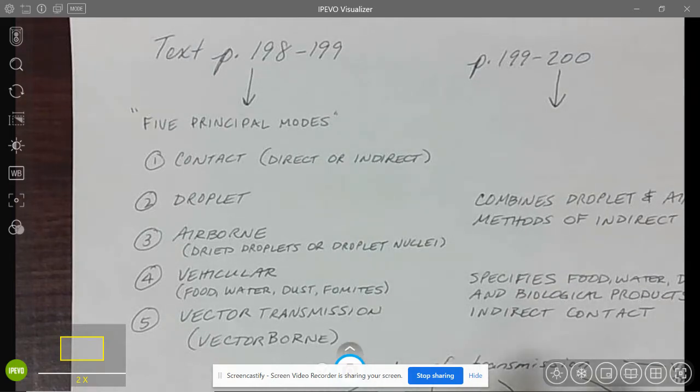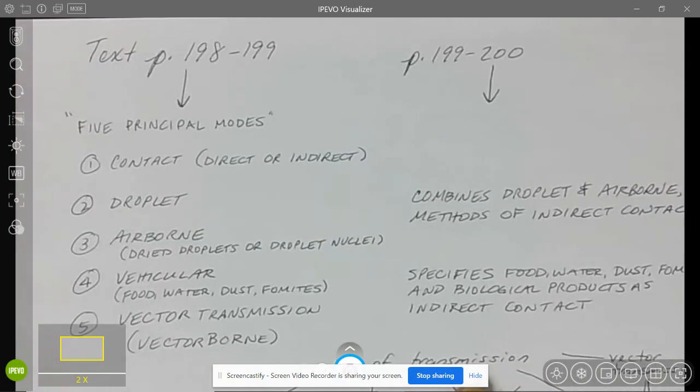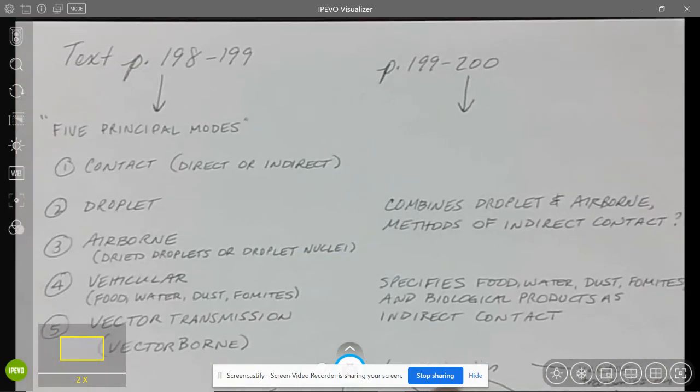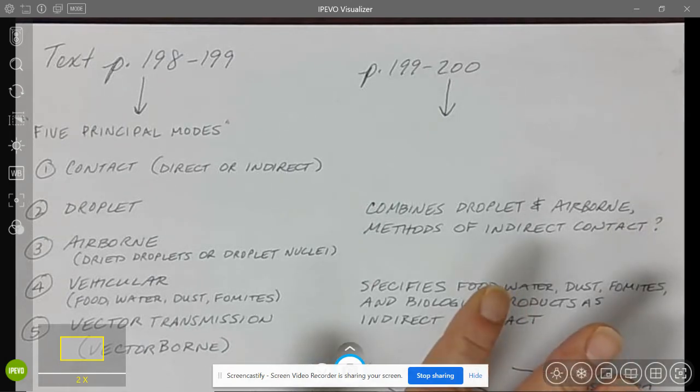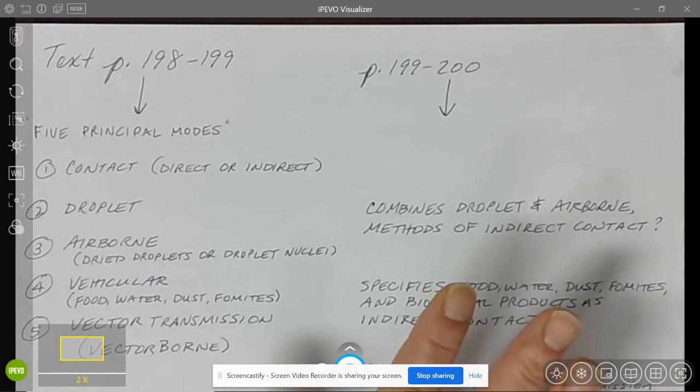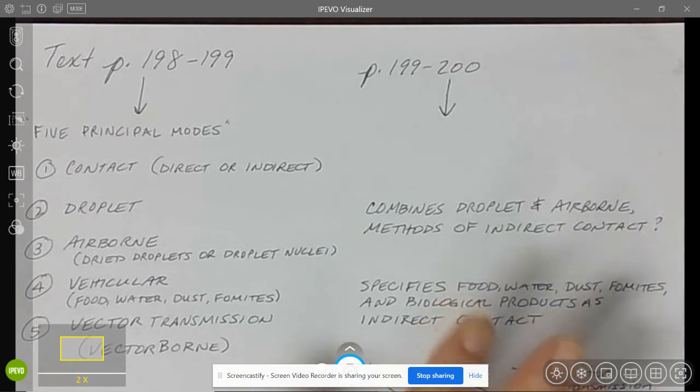Here's what is very frustrating: if you then go on to the next couple of pages, you start reading page 199 and then go into 200, it does a different organizational scheme. So in those pages, it seems to have direct contact, but then all the rest of these things, it's talking about as indirect contact.